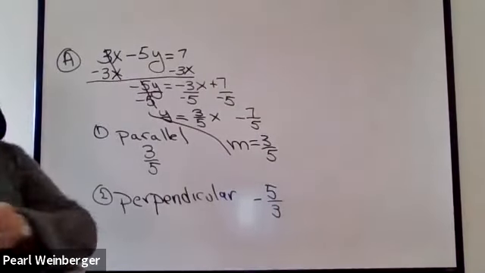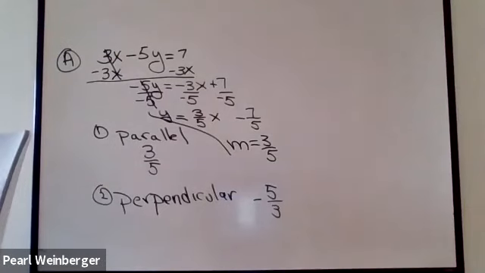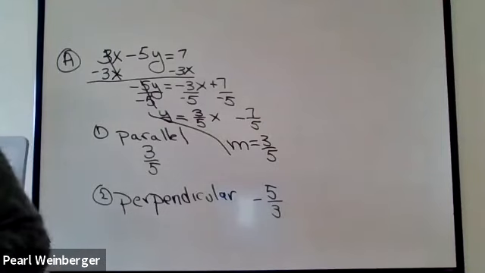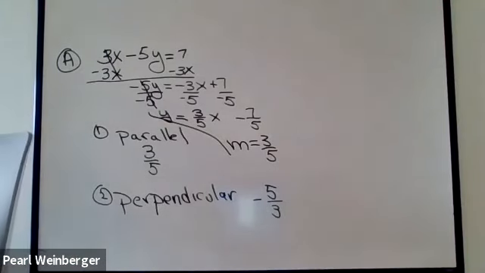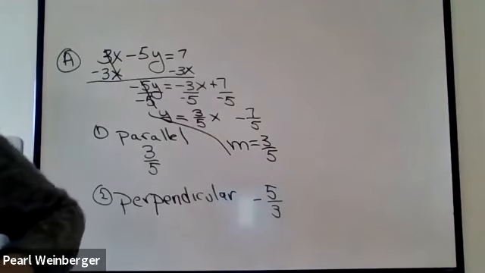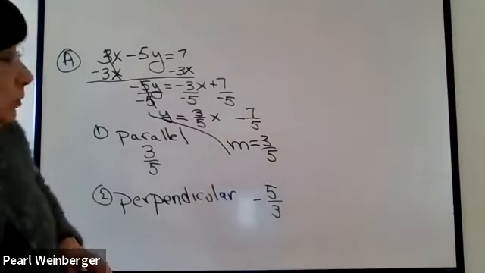The third type of question that was on the homework, let me go back to it, was a type of question where they gave you a picture of a line and they asked you to write the equation of the line in the slope-intercept form.